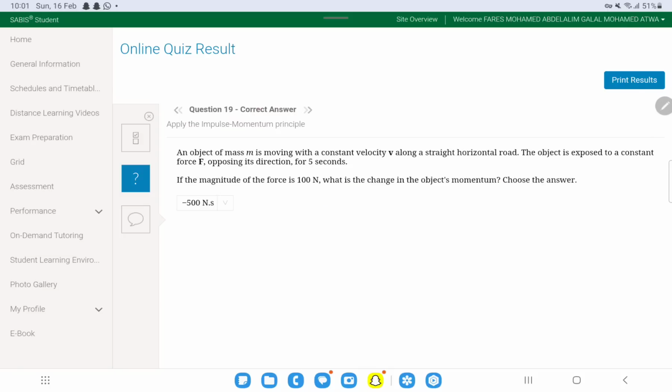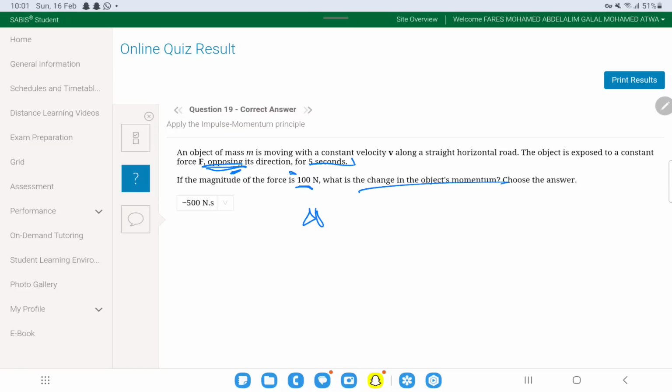An object of mass m is moving with a constant velocity v along a straight horizontal road. The object is exposed to a constant force F opposing its direction. So the force is negative. Since the force here is 100, it's minus 100 for 5 seconds. They want the change in the object's momentum.